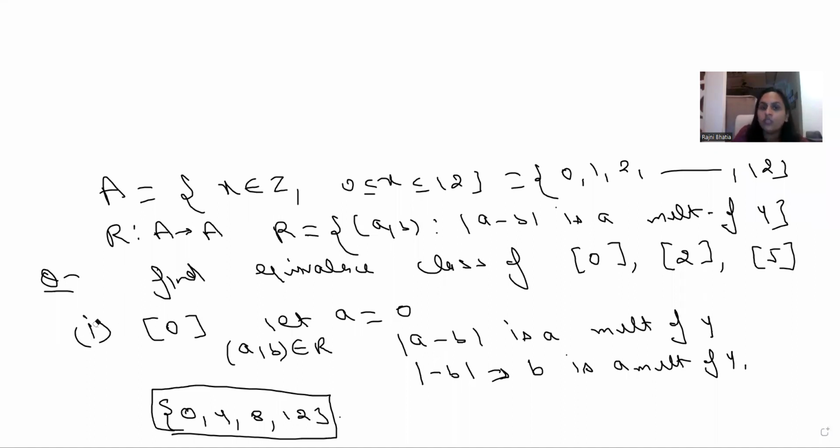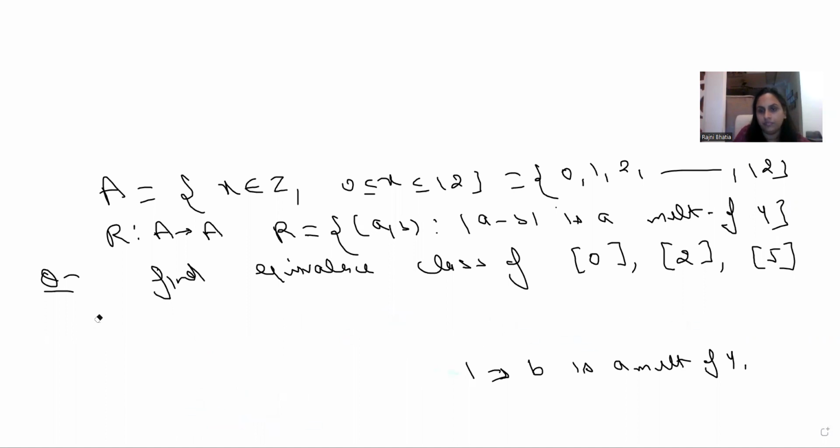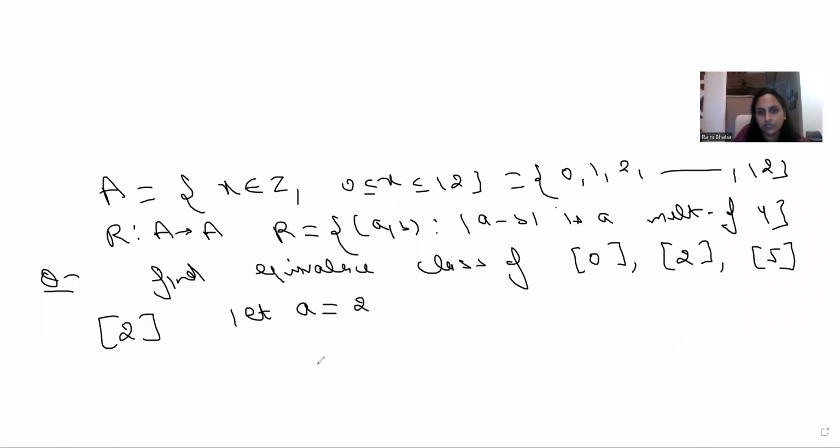Now we'll move to the next question. We'll find the equivalence class of 2. So if we want to find the equivalence class of 2, we will write let A equal 2. That means modulus of 2 minus b should be a multiple of 4.